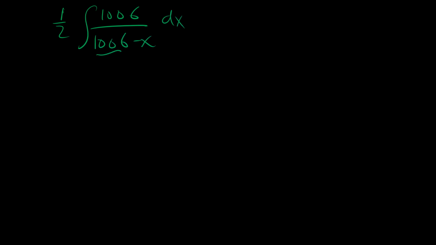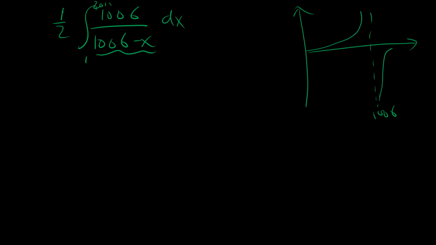And if we look at the denominator alone and try to guess how that function is going to look, this is from 1 to 2011. So at 1006 here, we have an asymptote, and so this function is going to look like that up to 2011.